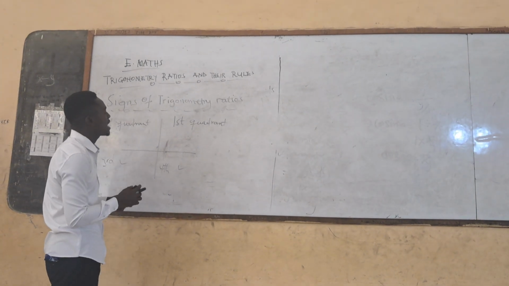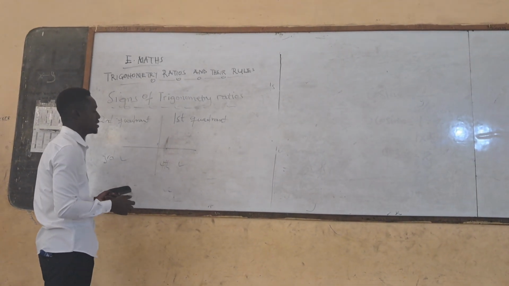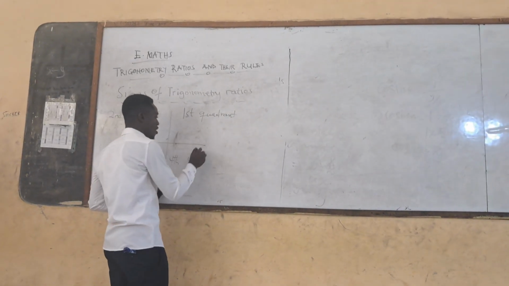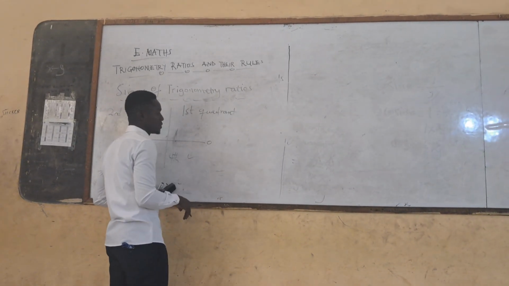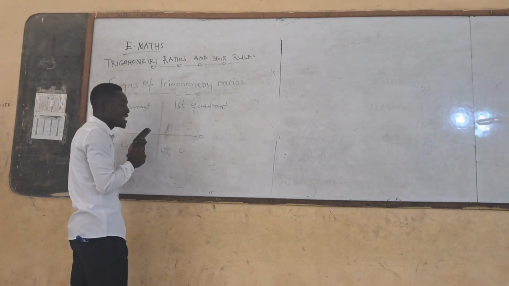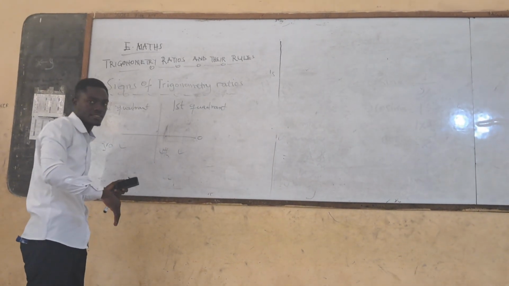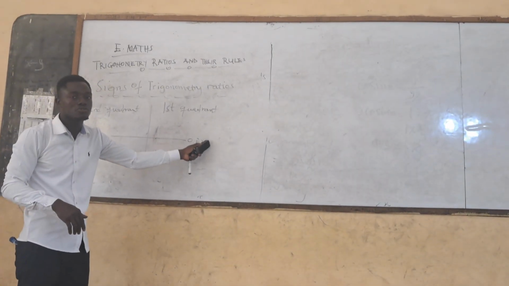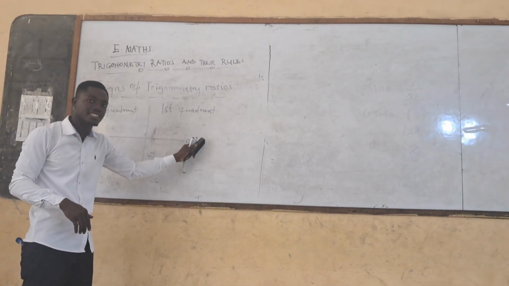Now, as I said earlier, in trigonometry we measure anticlockwise. So we start from the origin, which is 0, then we move to the next section. To get from 0 to this section, I have to add 90, so 90 plus 0 gives 90.